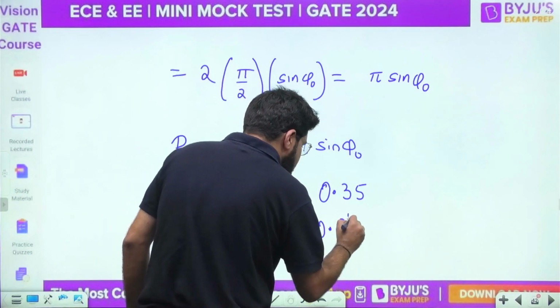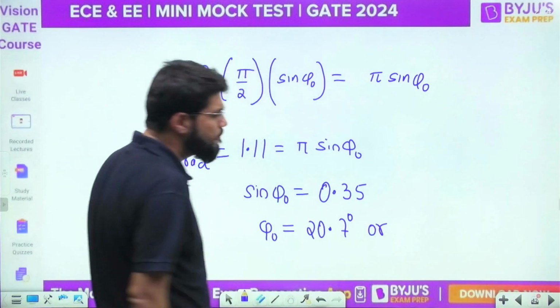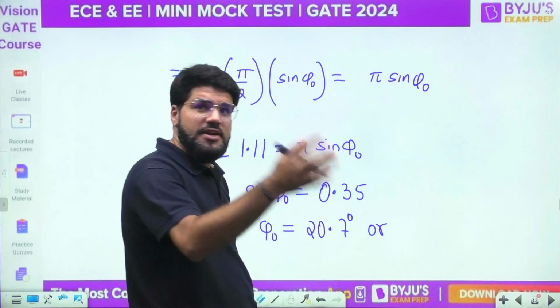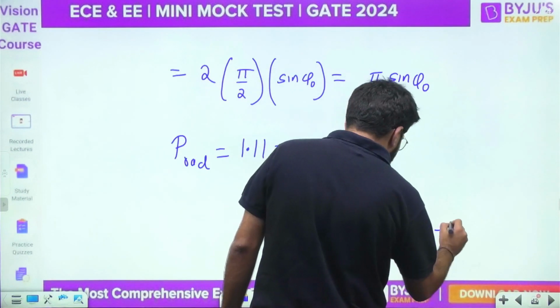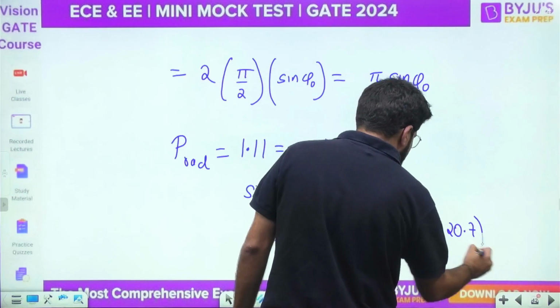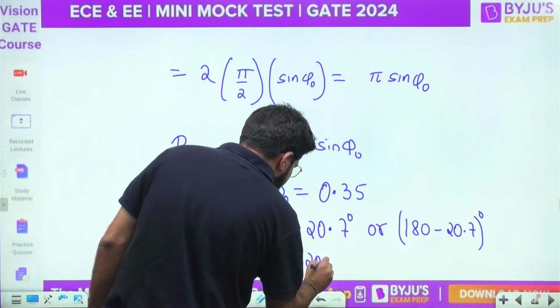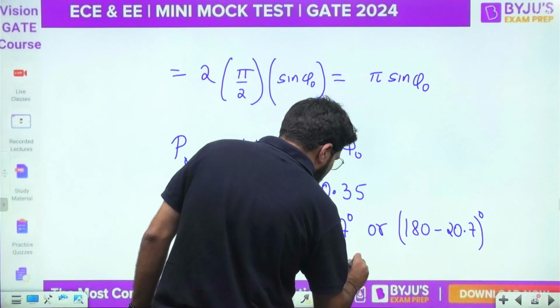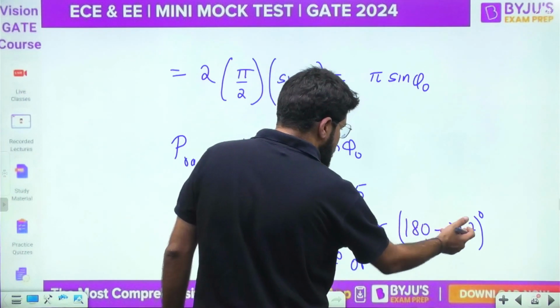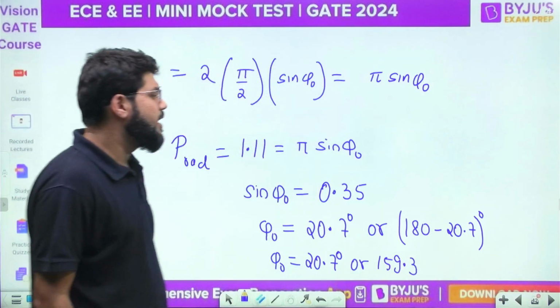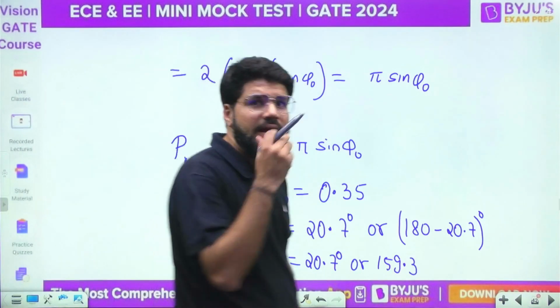Now there are two possibilities, 20.7 or, because sine is positive in the first and second quadrant, 180 minus 20.7. If you subtract, this becomes 159.3. Now what should be the correct answer for phi naught?